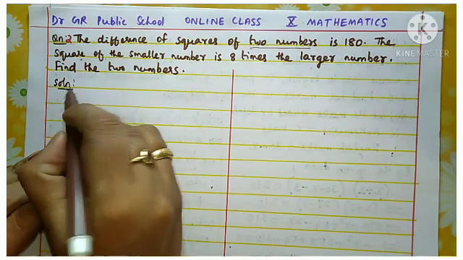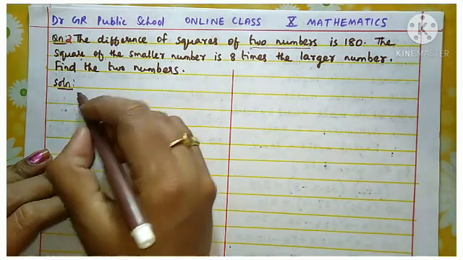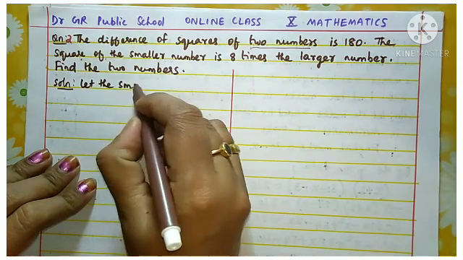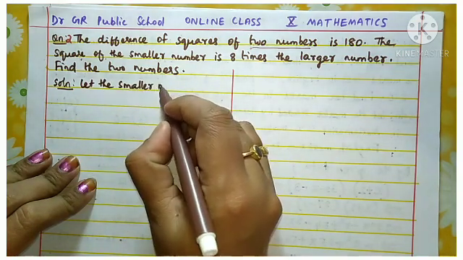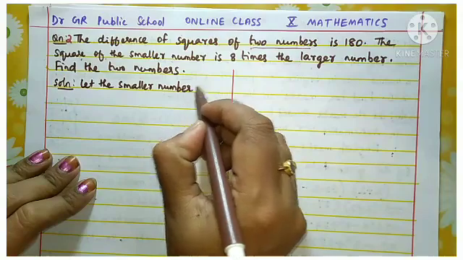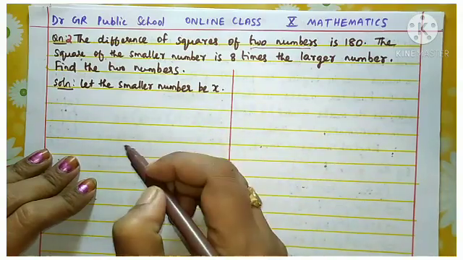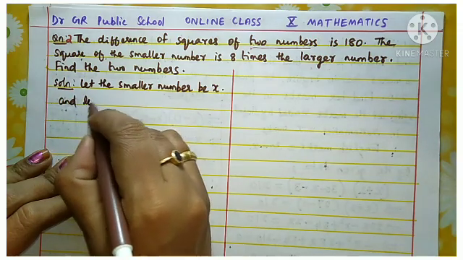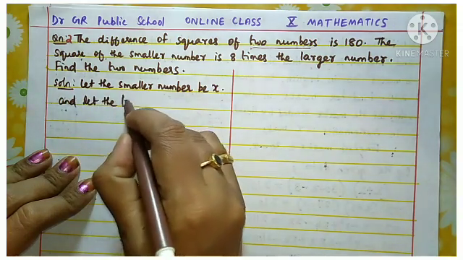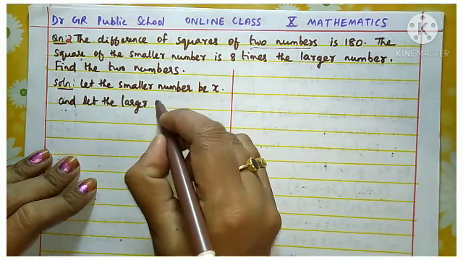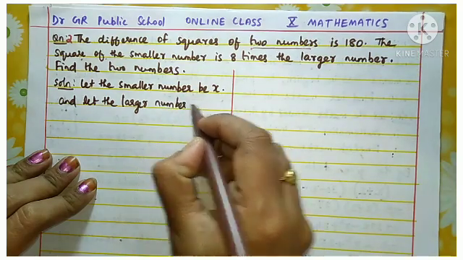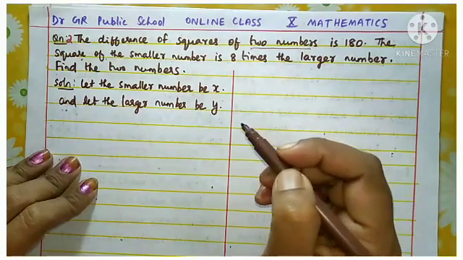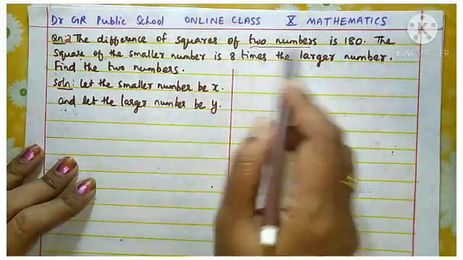First you should assume the variable. So our assumption is, let us take the smaller number. Let the smaller number be x. And let the larger number, which we don't know, be another variable y. Now use the condition which is given.